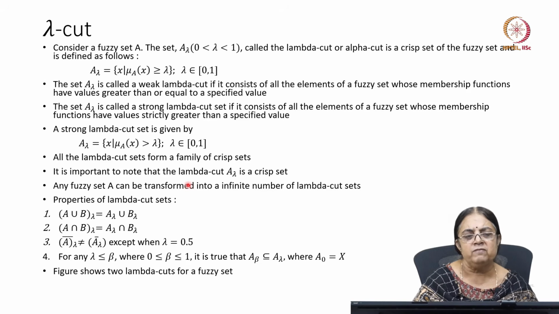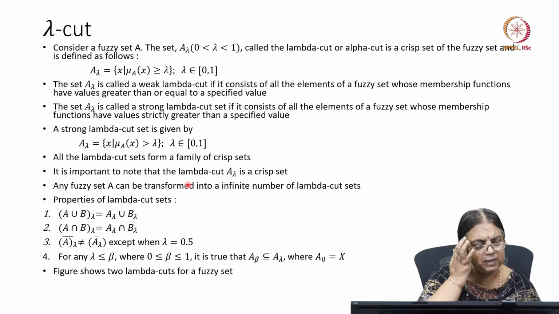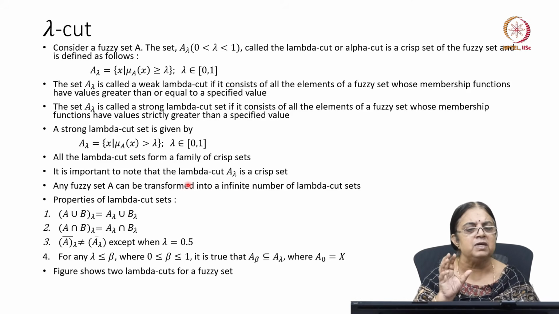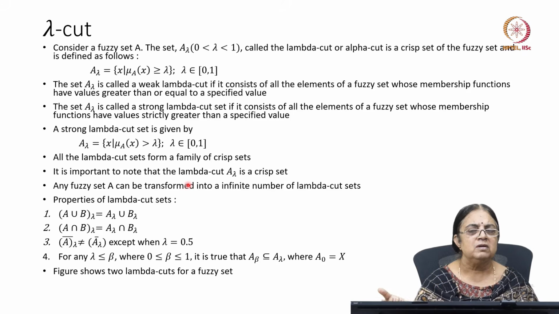Okay, then we have the concept of a lambda cut. So what is it that you are doing in a lambda cut? So basically what you are doing is you are taking the fuzzy set, and from the fuzzy set you are deriving a crisp set. Okay, so you could say that is some type of defuzzification that is being done.